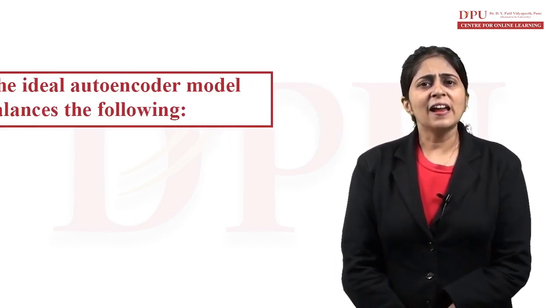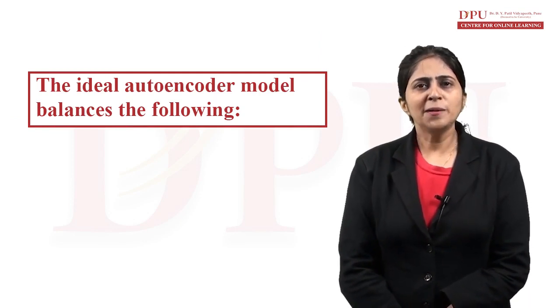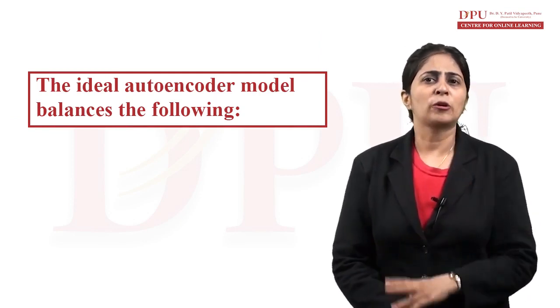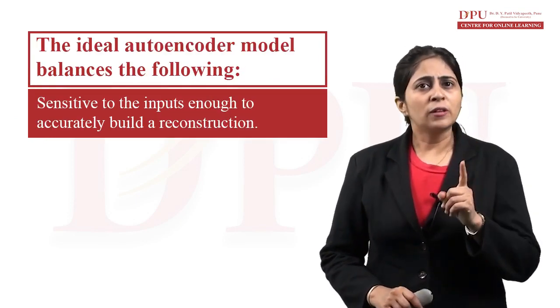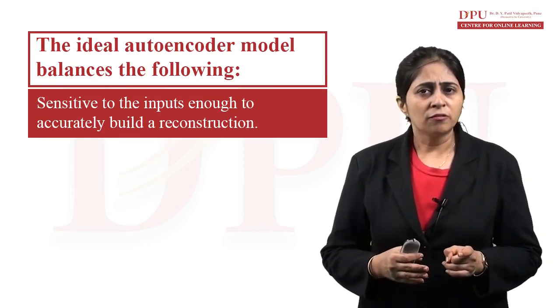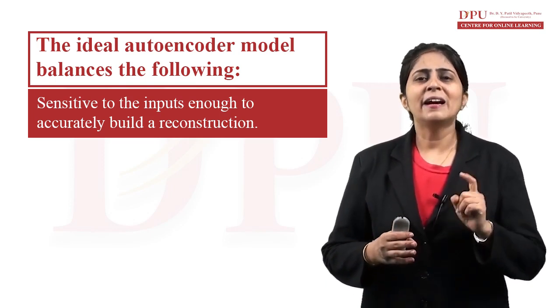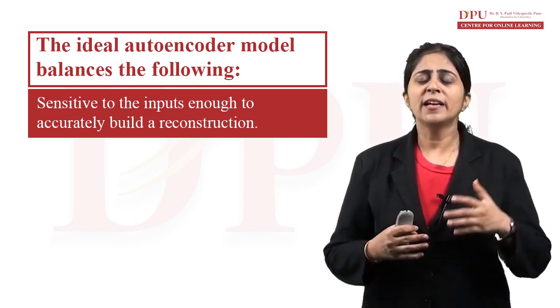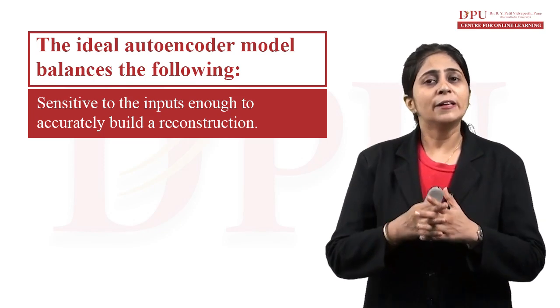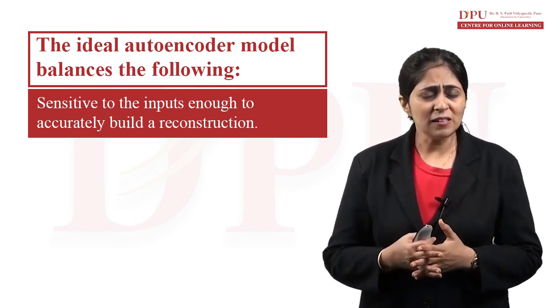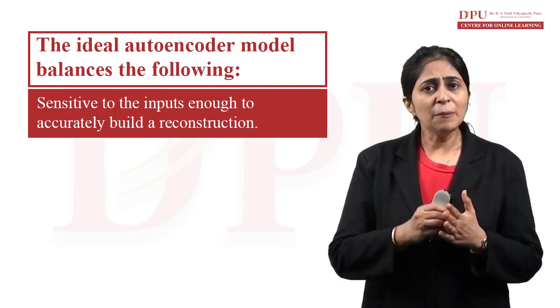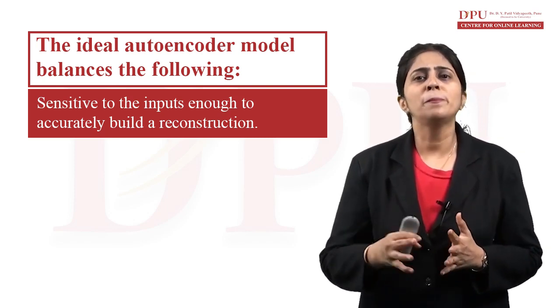The ideal autoencoder model basically balances two important things. First of all, it is sensitive to the input enough to accurately build a reconstruction. Whatever inputs are being provided to it, it will be sensitive towards it. Sensitive means here that some important information should not be missed out.